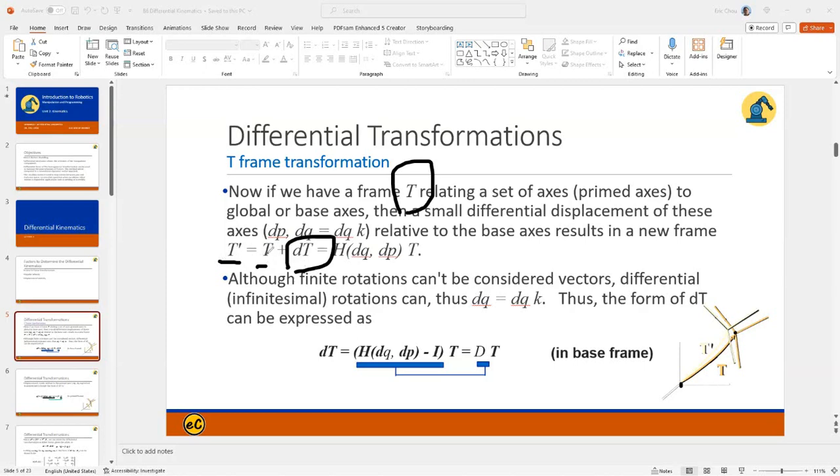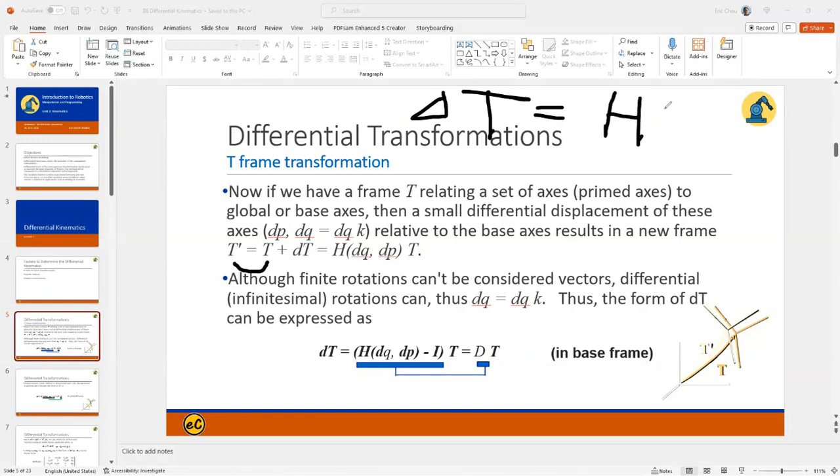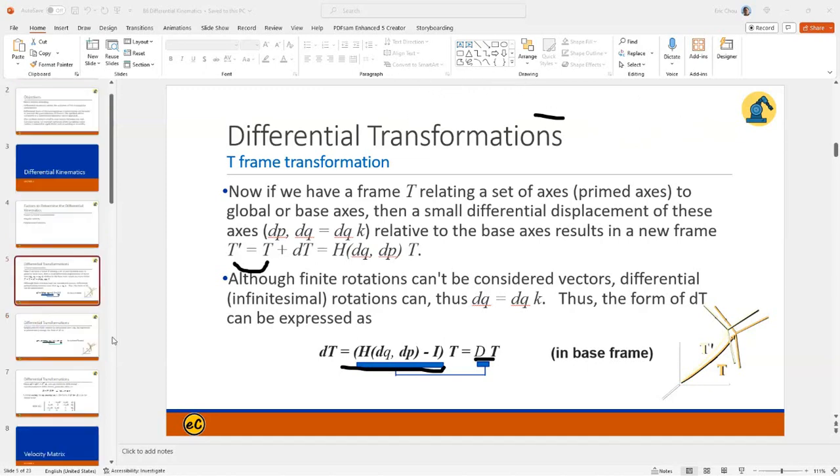So T prime equals T plus dT equals the transform matrix, take the derivative, and then times T. This really means that your delta T equals this times this. This is actually the matrix operation. That's the rough idea.